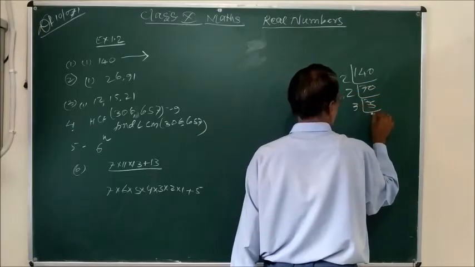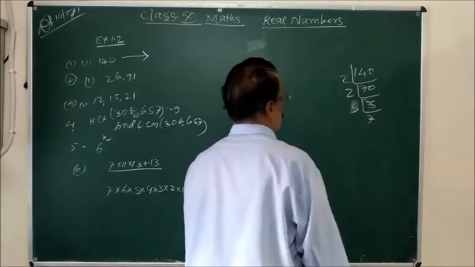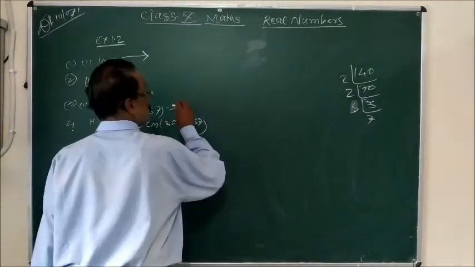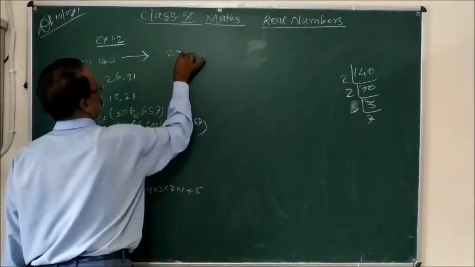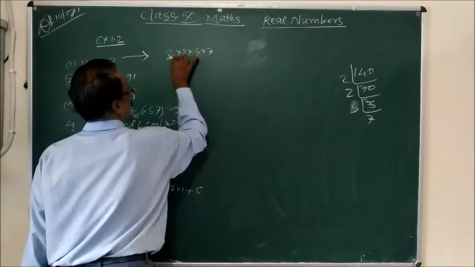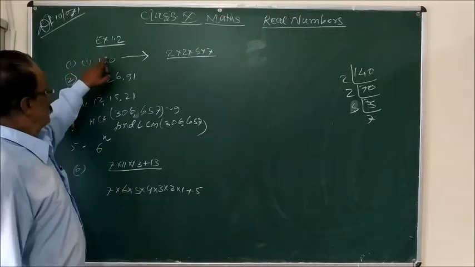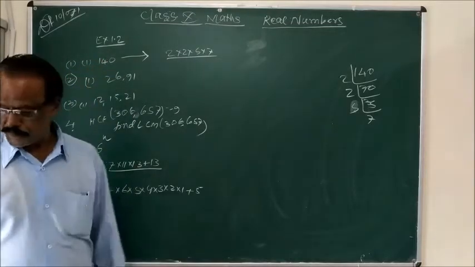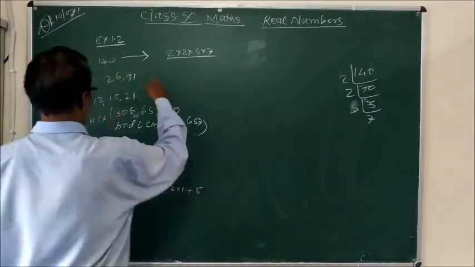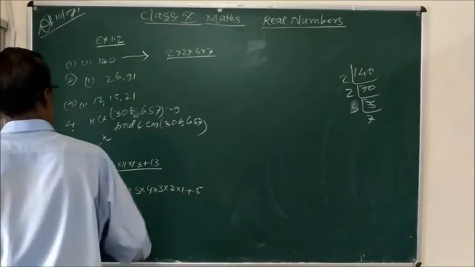All these numbers are prime numbers. So this will be 2 into 2 into 5 into 7. This is the only solution to question number 1. So express all the given numbers as a product of primes, so 140, and similarly you will solve the other questions.